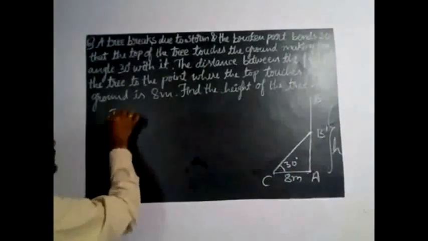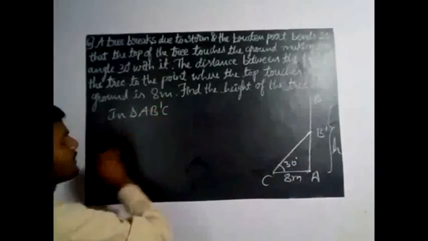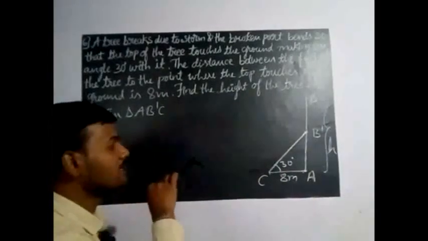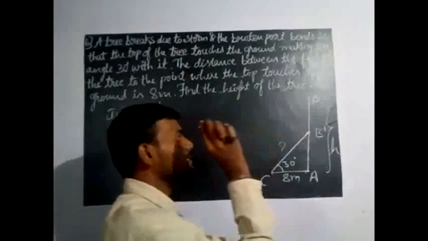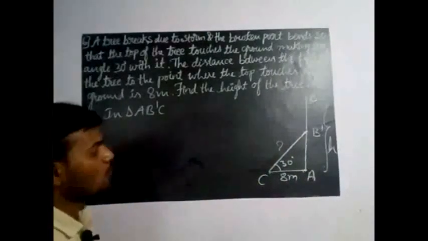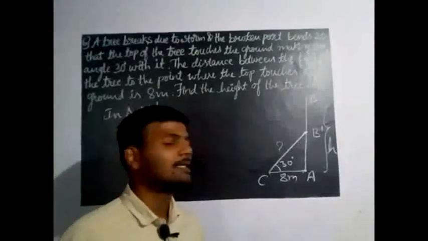So in triangle AB dash C, let us find the hypotenuse firstly, that is B dash C. Which trigonometric ratio can we apply here? Here we can apply cos theta.